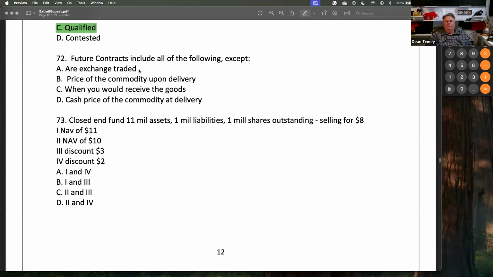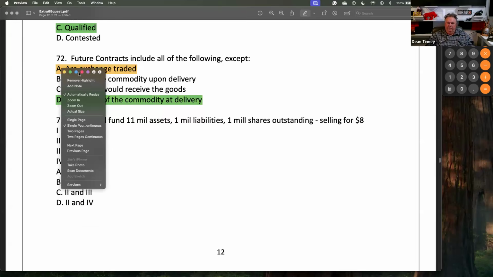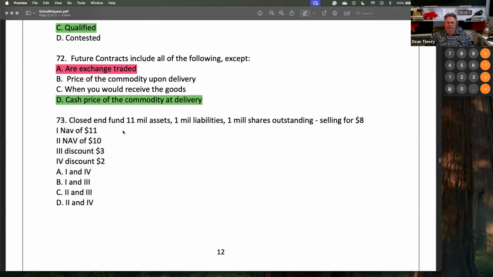No, they are exchange traded. What you can't know is the cash price when the contract's issued, right? The cash price is going to the spot market, and that's going to be changing all the time. So they'll tell you if they're exchange traded, they'll tell you the price upon delivery, the strike price if you will, and when you would receive the goods. The cash price, I don't care about for this question as your tutor, but I would know the cash price is called the spot market. I say, what's the spot on the peso? I'm just asking, what is the present price?